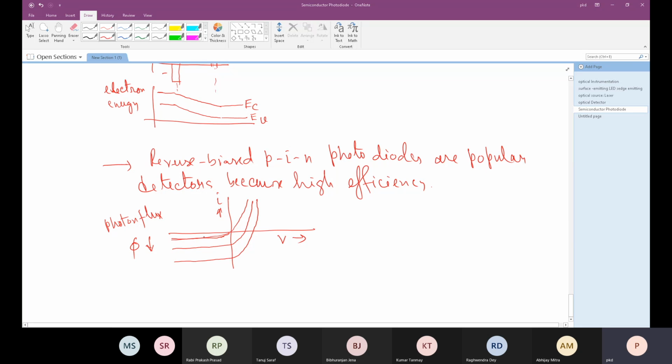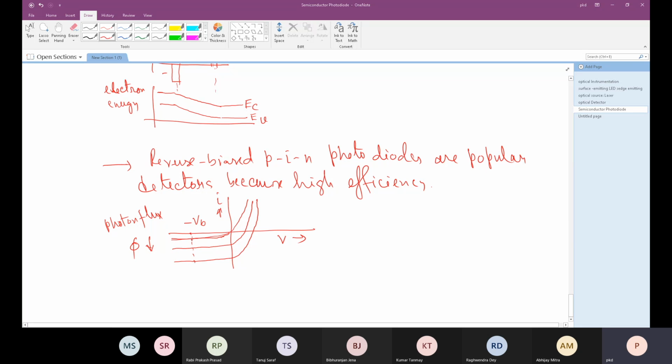Now this reverse biasing can be with load resistance or without load resistance. This is without load resistance. Then minus VB will be here, and correspondingly the operating characteristics will be determined by the intersection of the IV curve and the minus VB point.